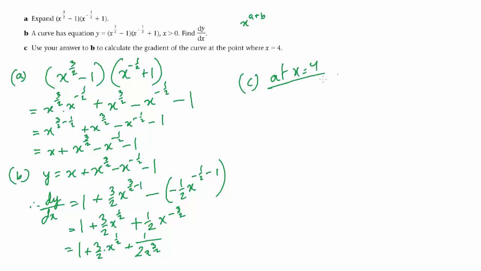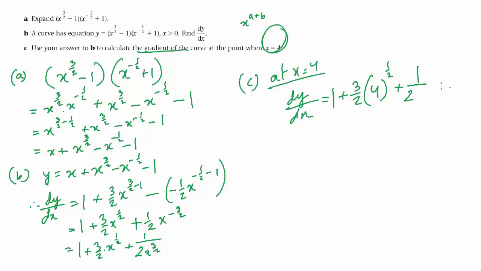At x equals 4, dy by dx, we have to find the gradient of the curve at the point x equals 4. So all we have to do is plug in this value in this derivative. So dy by dx is 1 plus 3 by 2, 4 to the power half plus 1 by 2, 4 to the power 3 by 2.